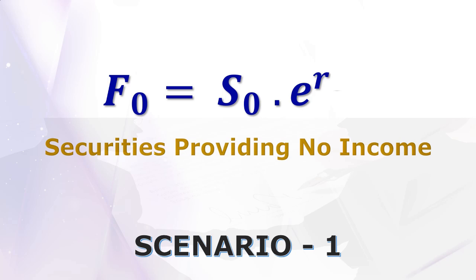This security we are going to hold for a certain period of time, usually the forward period, which is t, and S naught into e to the power rt will give us the value of the forward contract when the security does not provide any income or no income related information is given in the question. In this background, let us move towards our illustration to see how to calculate the value of the forward contract.